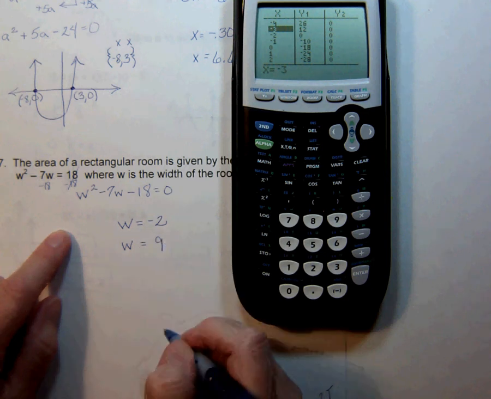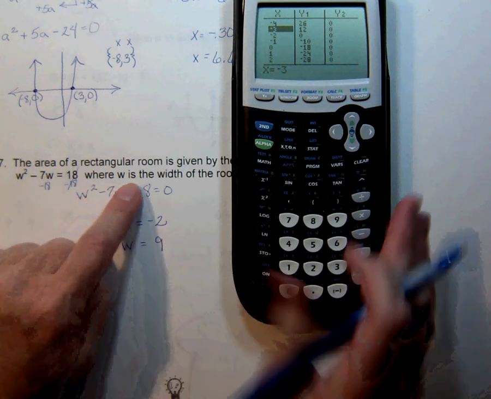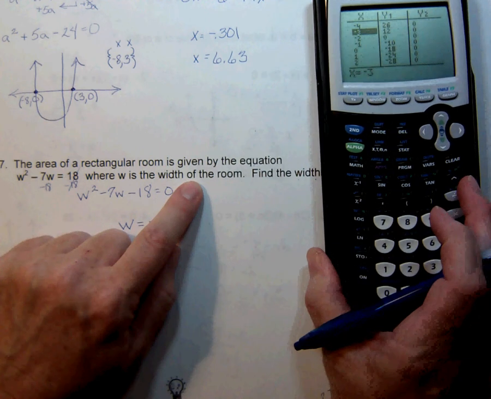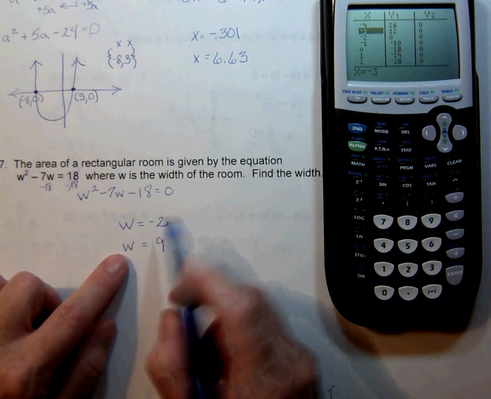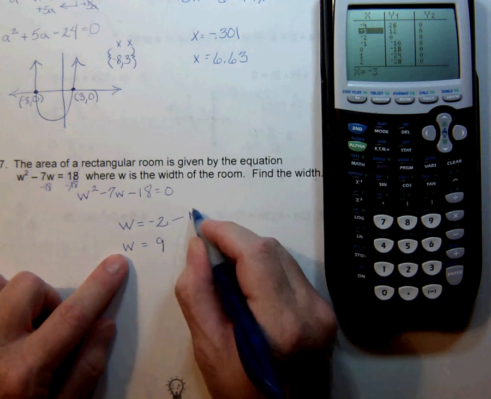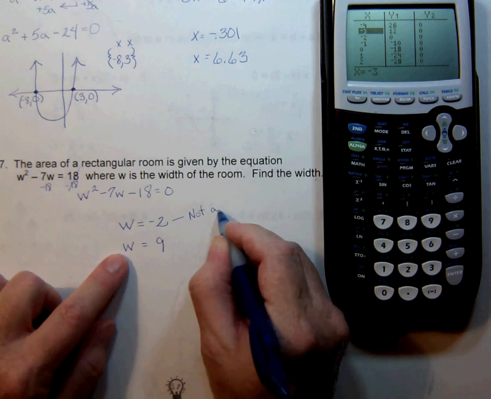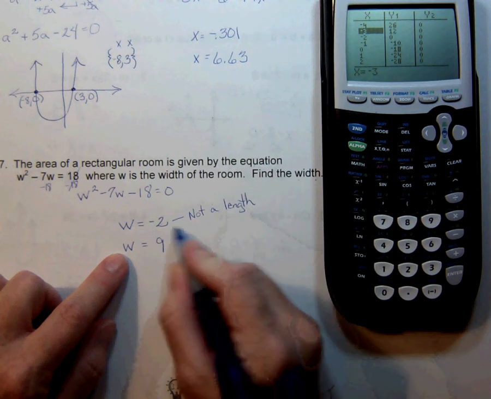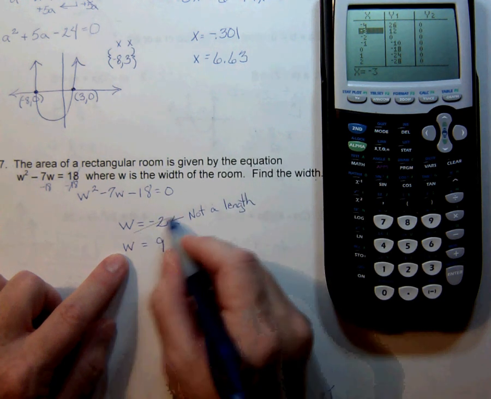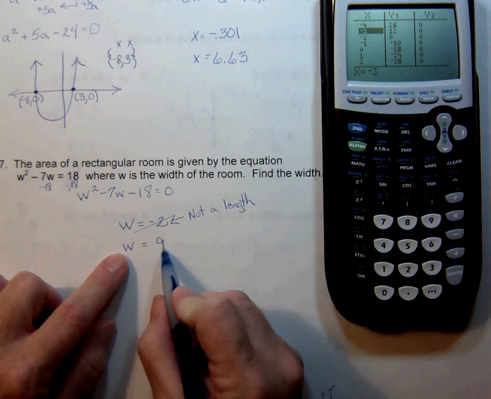Now be careful here. If w is the width of the room and they want to find the width of the room, think about your answers. Can we have a negative length? This could not be a length of something, because it's a negative number. So we're not going to use this one. So 9 is my w.